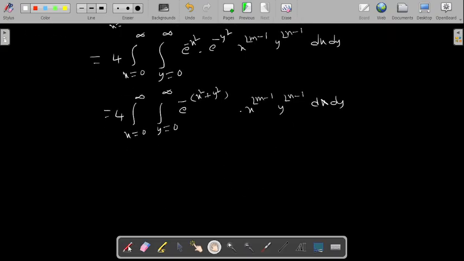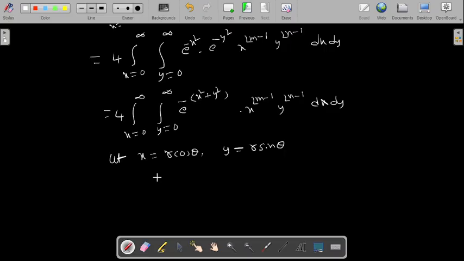Now convert into polar coordinates, using the note point we discussed. Let x equal to r cos theta, y equal to r sin theta.